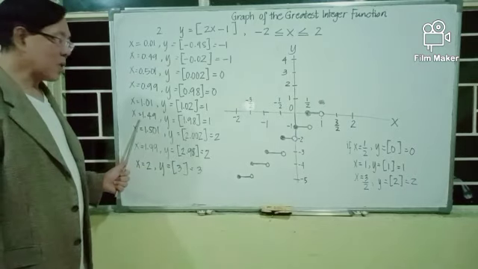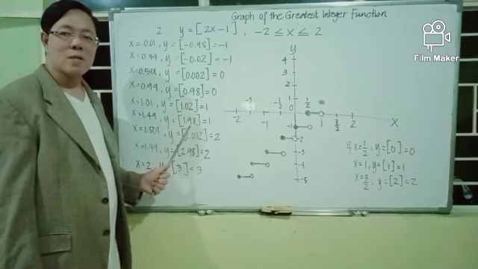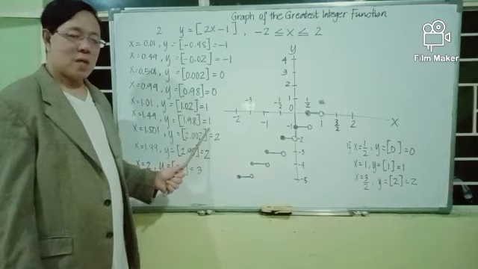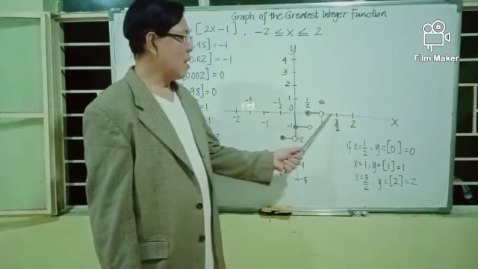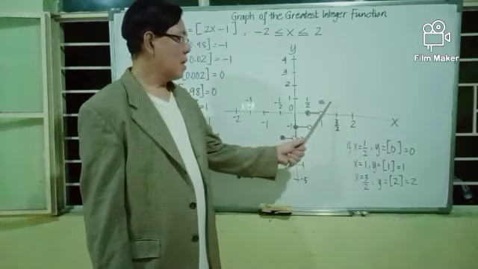When x is 1.49, the value of y is the floor of 1.98, or the greatest integer less than 1.98, and that integer is 1. When x is 1.49, the value of y is 1.